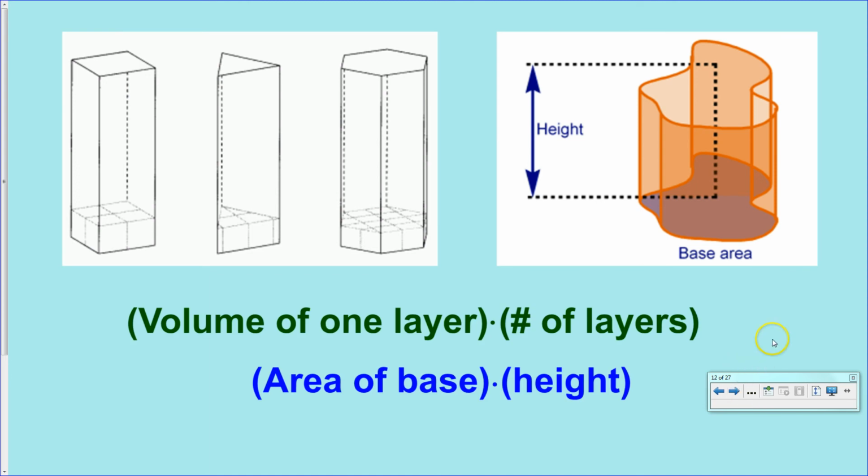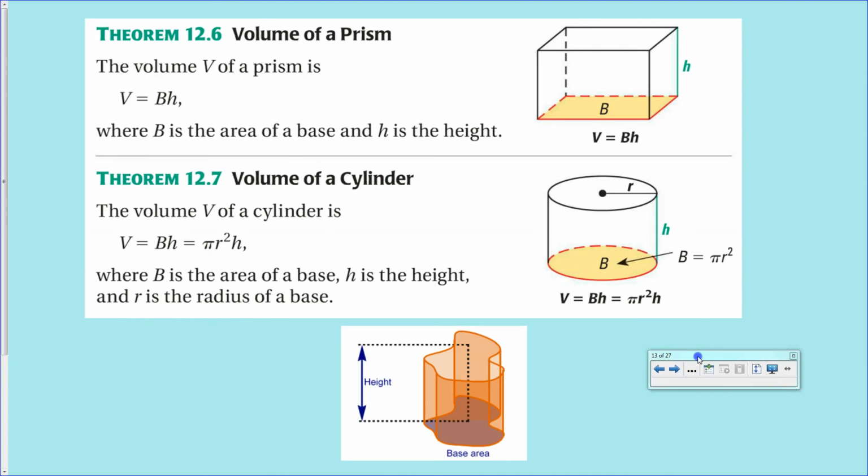So it breaks down this way. The volume of one layer times the number of layers, which basically means take the area of the base times the height of the prism. And for some specific prisms, that gives you specific formulas, like the volume of a rectangular prism, or any prism, for instance. Remember that capital B stands for the area of the base.